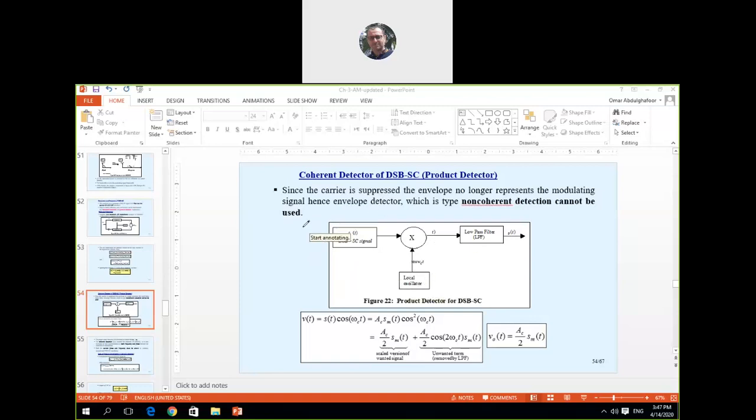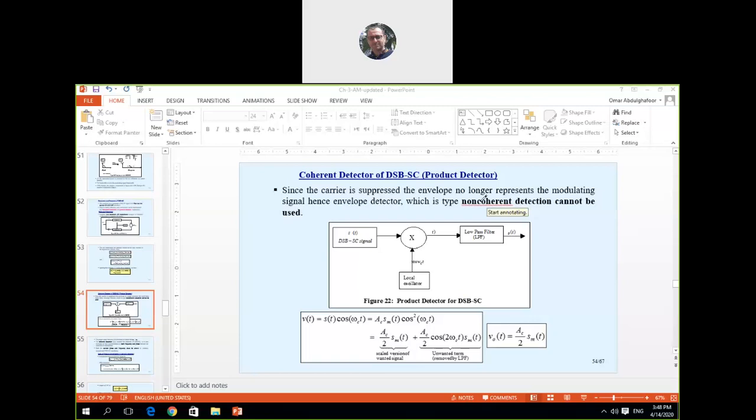Previously, for double sideband large carrier, it was non-coherent detection, because the carrier is there, so there was no need for synchronized detection. But in this particular case, since we removed the carrier, non-coherent detection cannot be used in this type of amplitude modulation.